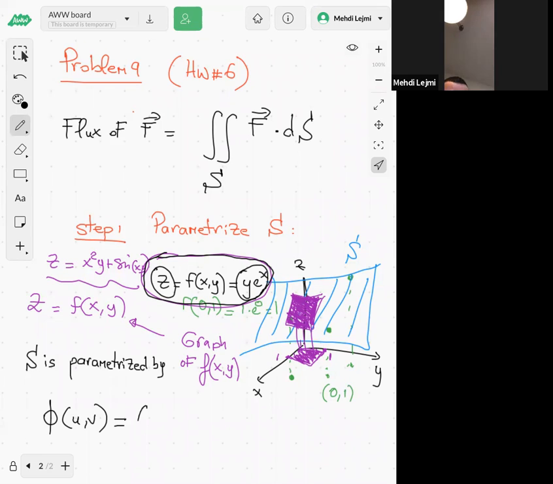So my x is u, my y is v, and my z has to be equal to y e to the x, because my surface is the graph of f. So z is f of u, v, which is v e to the u.